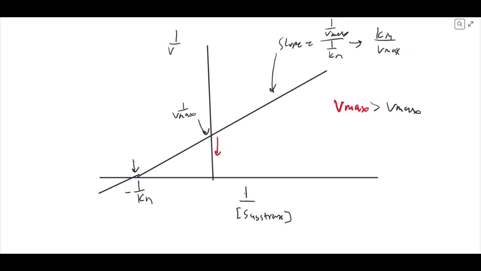So let's just say it's somewhere around here, closer to the origin, and vice versa for Km, if it's greater than the original, then we would have something towards here.